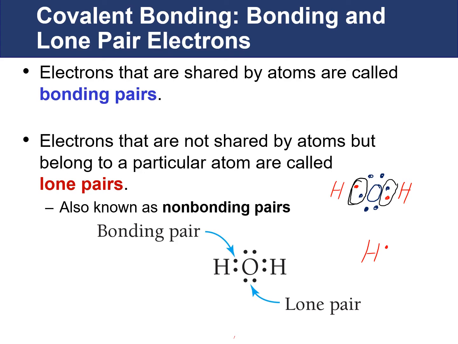What we then see is that the hydrogen atoms have a total of 2 electrons around them each. And the oxygen has 8 total electrons around it. 6 that came with it and 2 additional, 1 from each hydrogen.